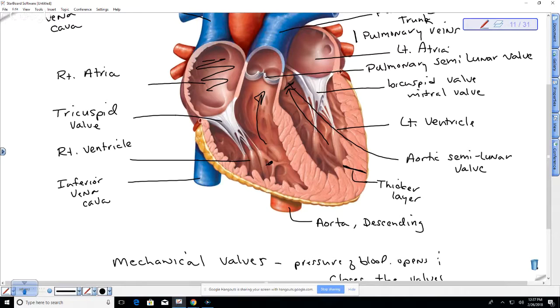And when it contracts, the blood flow forces that pulmonary semilunar valve to open, but the blood coming back is going to collect in those little pouches of the semilunar valves, and that is what closes them. So really it is the pressure differences as the blood flows through the heart that cause the opening and closing of the valves. That's kind of a cool mechanism.